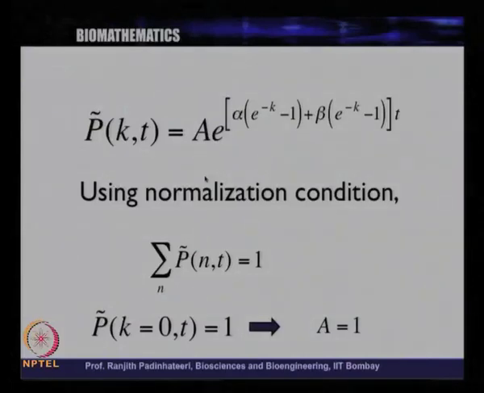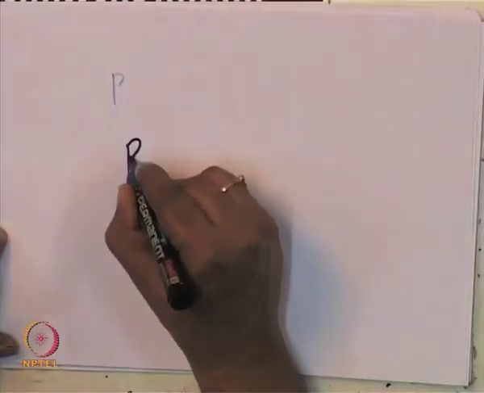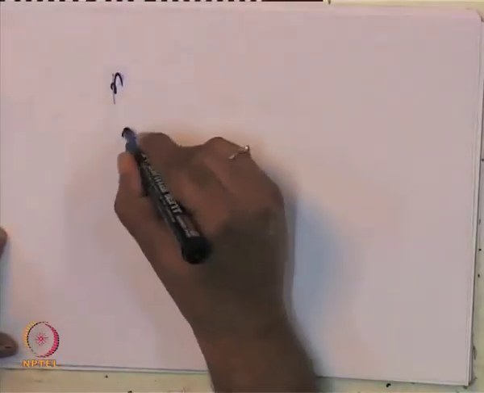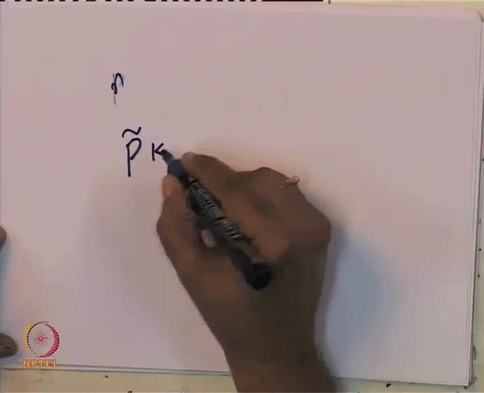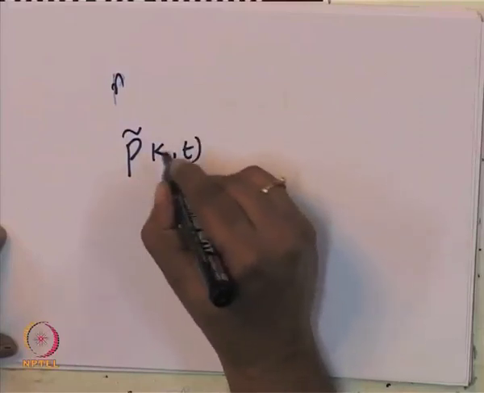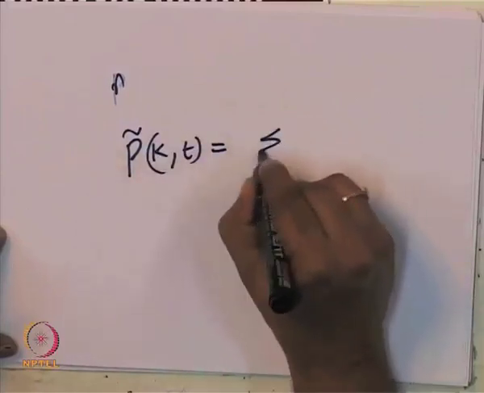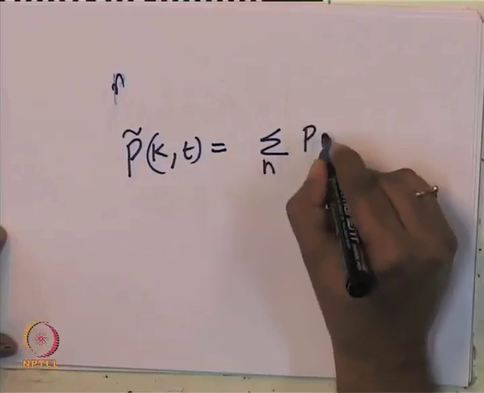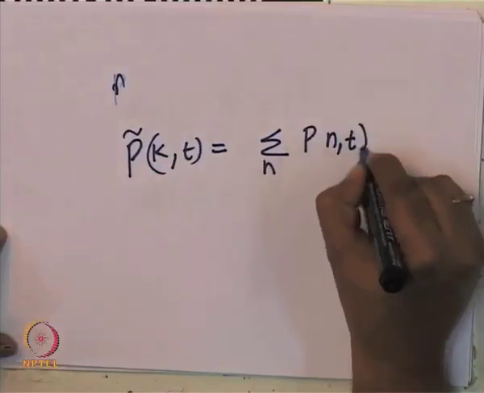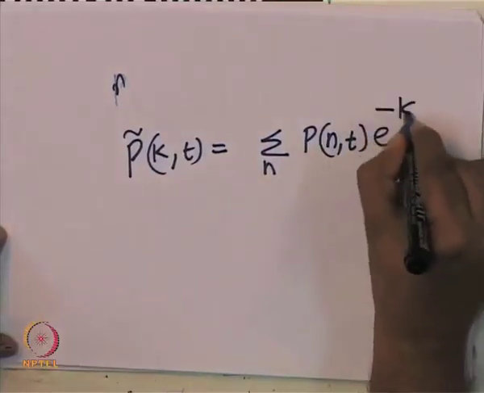But there is another interesting thing which you can see. Let us think of the definition of what we did. p tilde of k comma t was defined as the sum over n of p of n comma t e power minus k n.